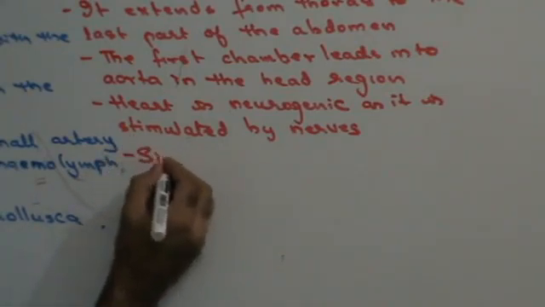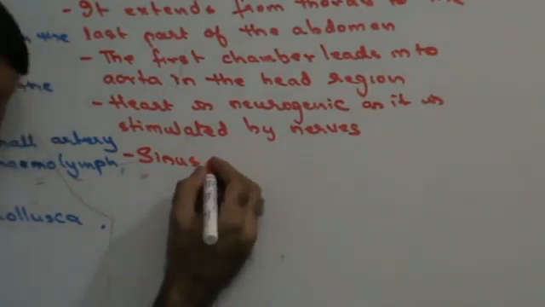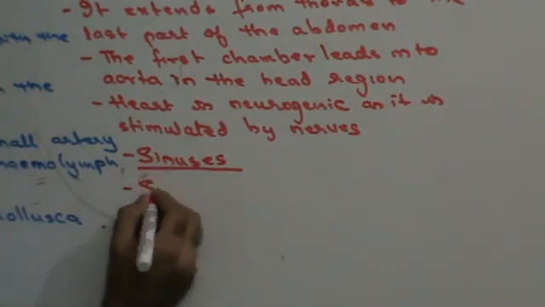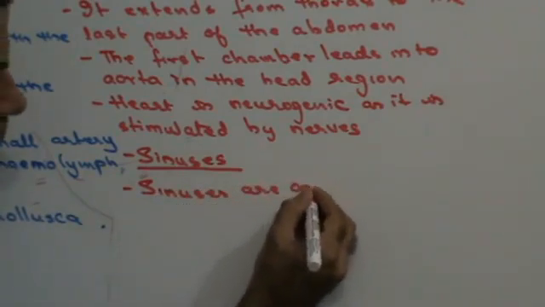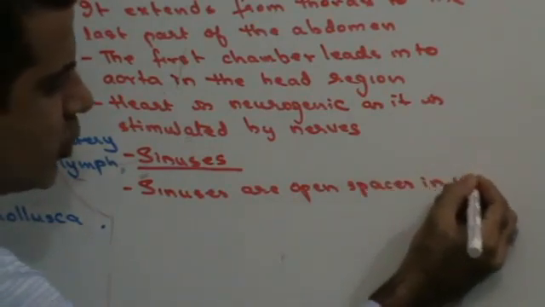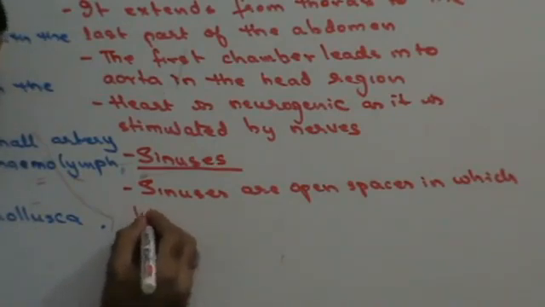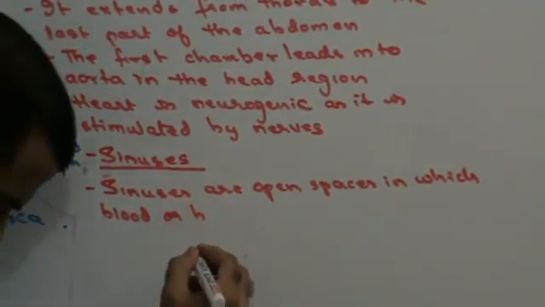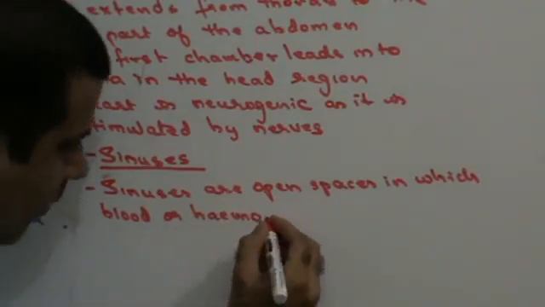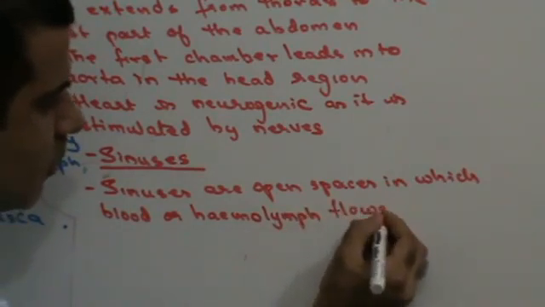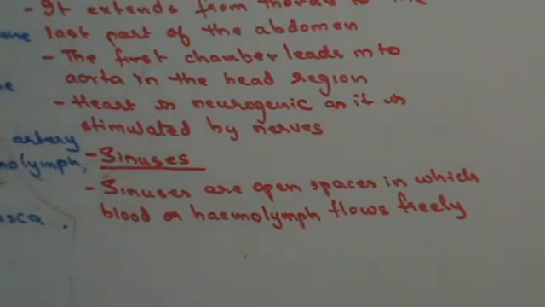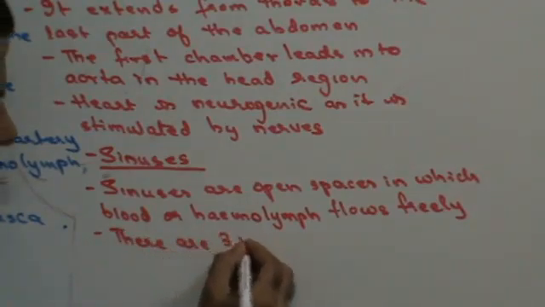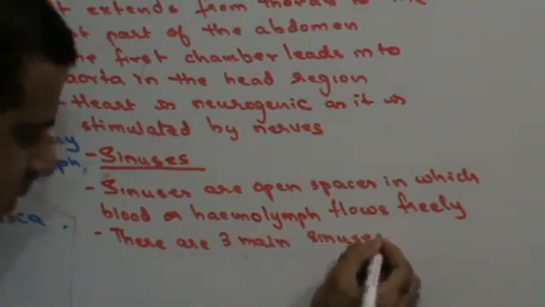Next, let's see sinuses. Sinuses are open spaces in which blood or hemolymph flows freely. There are three main sinuses.